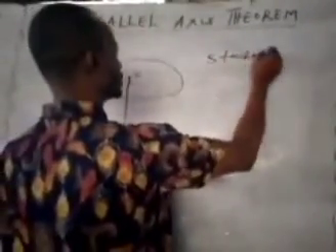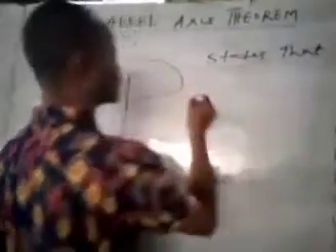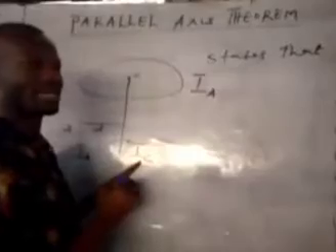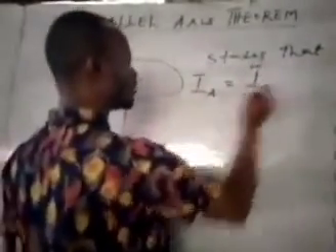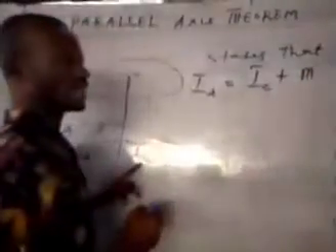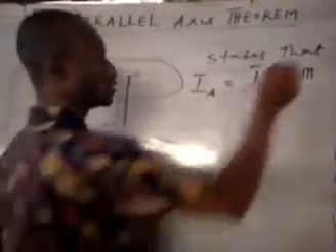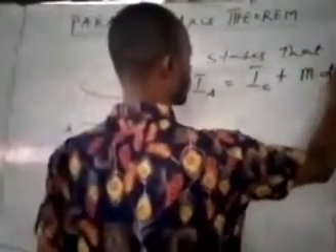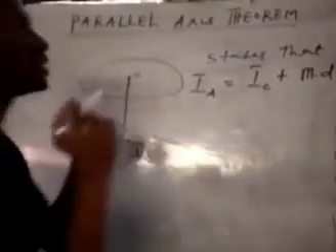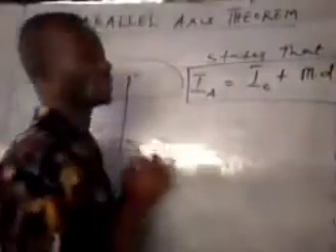Therefore, the parallel axis theorem states that the inertia about any axis is equal to the inertia through the center of gravity plus the mass of the rigid body multiplied by the square of the distance of separation.